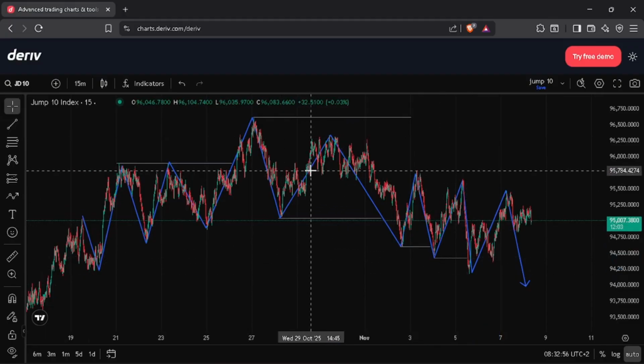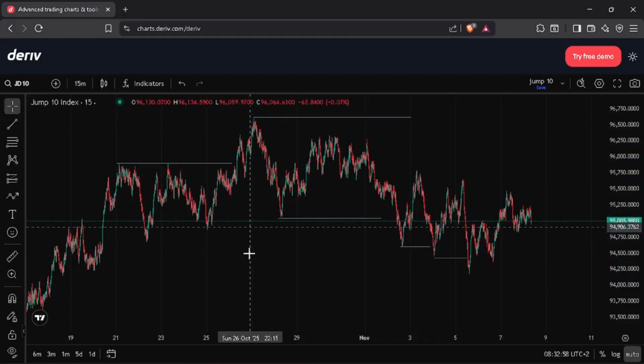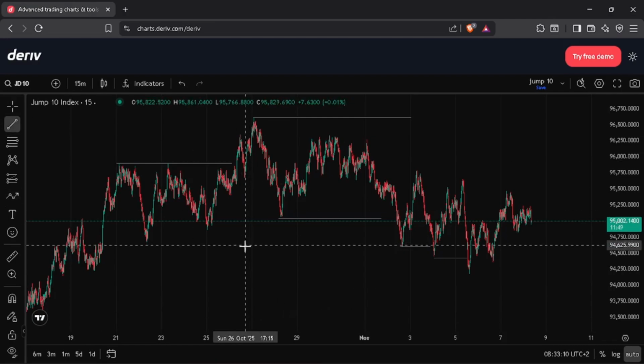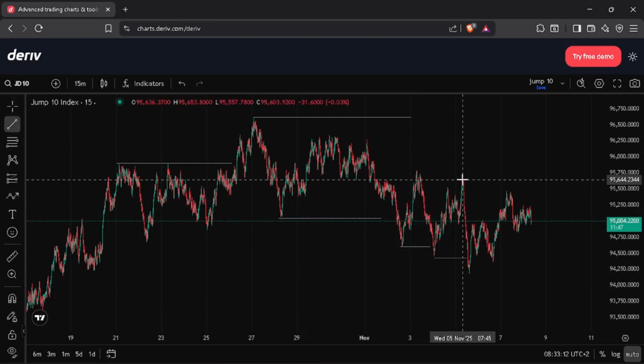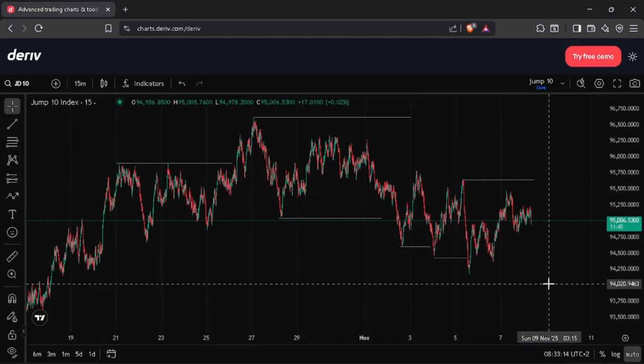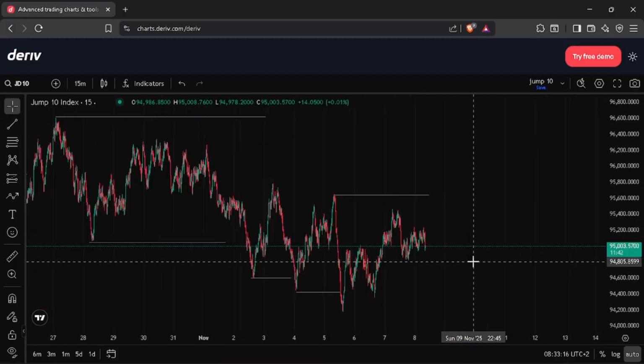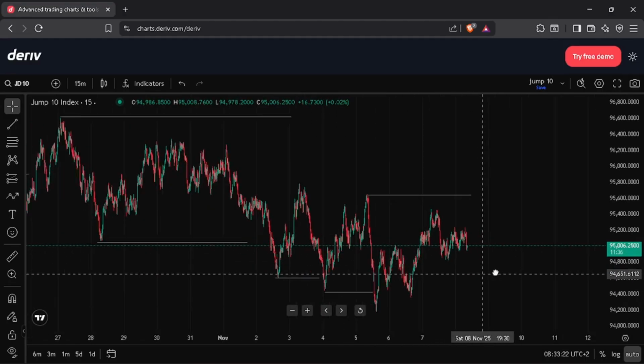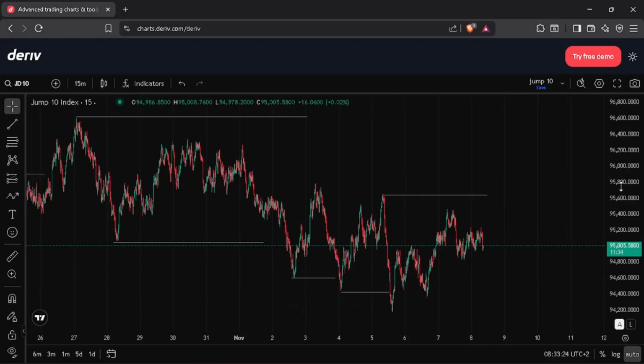So when I see this in the market, the possibility is that the market might keep on breaking structures to the downside. It might go up, but before it does that, it has to break this previous high. For now we haven't broken that previous high, we've only broken the previous low.